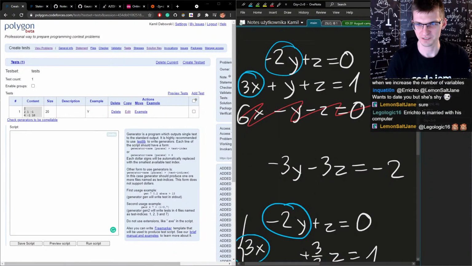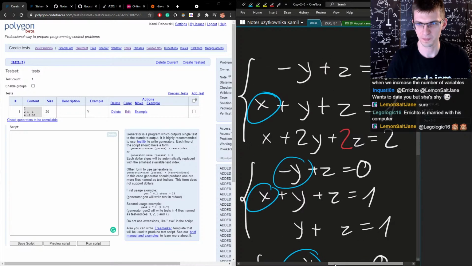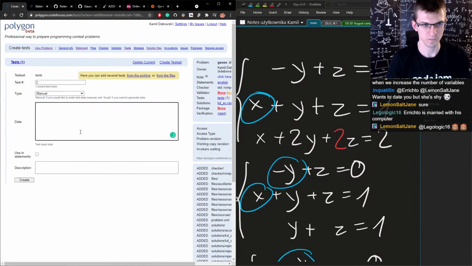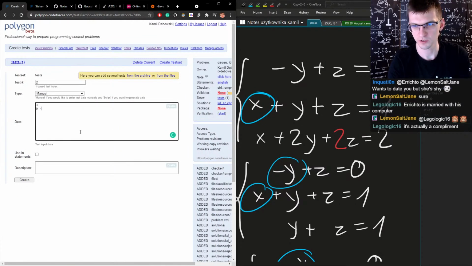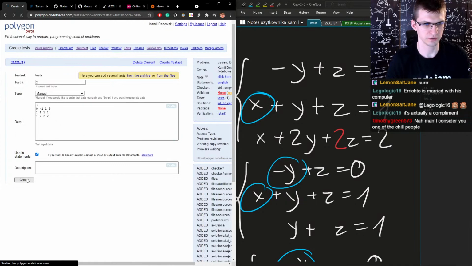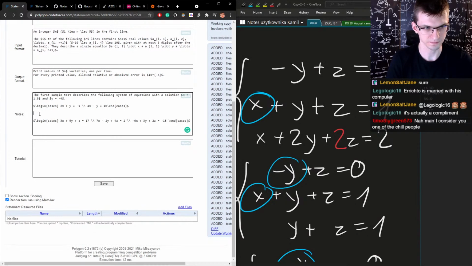Right, I want to rewrite that. Zero minus 1 1 0 1 1 1 1 1 2 2 2, and yes, we use it as a sample test. So here comes this second one.